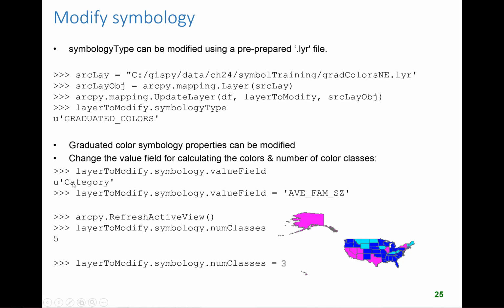The value field tells it which field, the name of the field, that it's going to calculate the classes or the graduated colors on. And we're setting that to a different value here. So initially it was category, we set it to average family size, and then we check the number of classes in the graduated color. Initially it's 5, but we can set it to a different value. We've set it to the number 3.